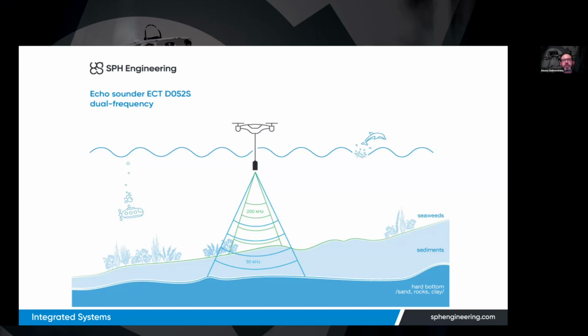In such situations, if you need to measure the thickness of heavy sediments, you need to use devices with much lower frequencies, or even sub-bottom profilers. But such devices will be too heavy to use with medium drones like M300 or similar.